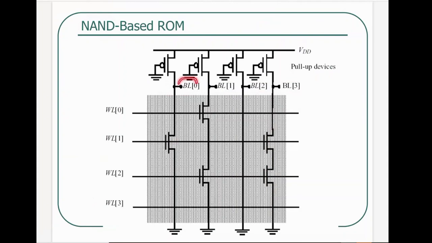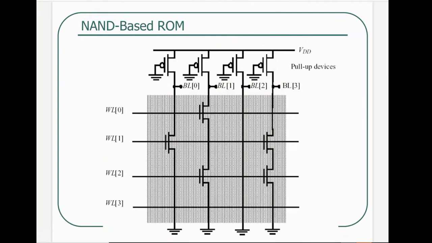So the bit lines are over here. Similar to the previous example, all your PMOS transistors are already on. They're already conducting. So if you did not do anything, all the bit lines would read 1, because you would not have a way to go to ground, depending on the transistors.